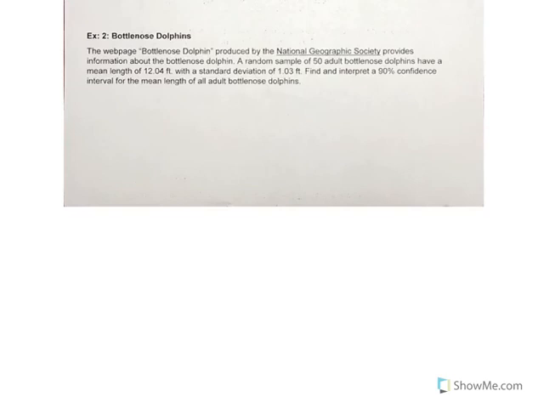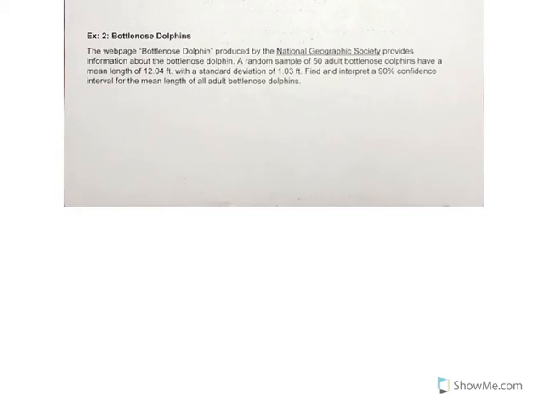Let's look at the second example. It's on bottlenose dolphins. And it says the web page of bottlenose dolphin produced by the National Geographic Society provides information about the bottlenose dolphin.